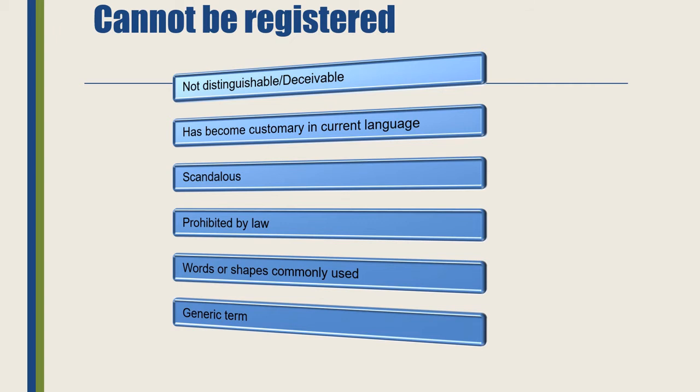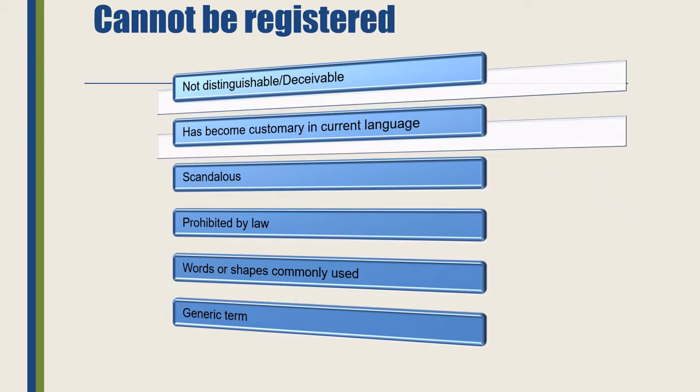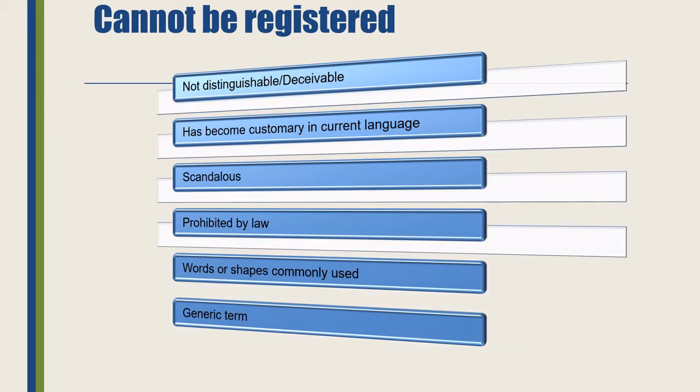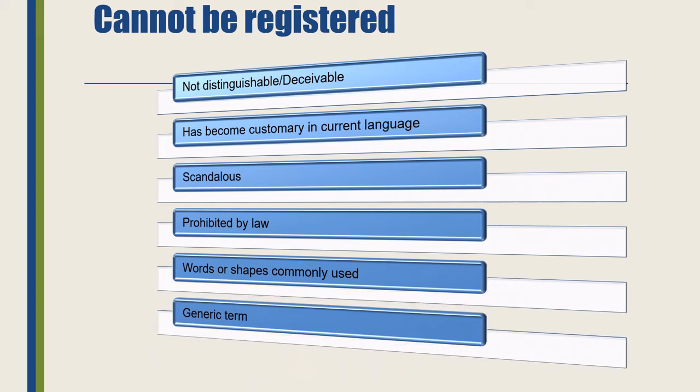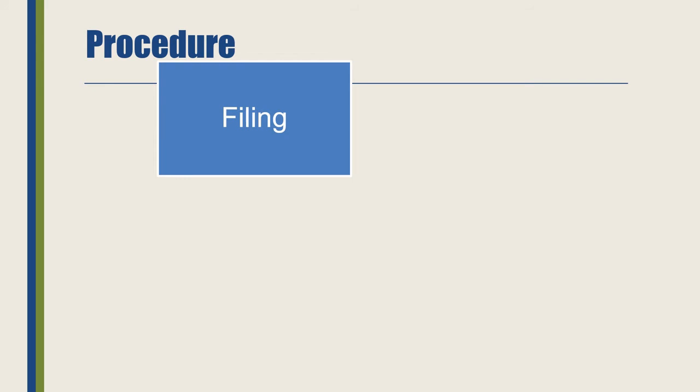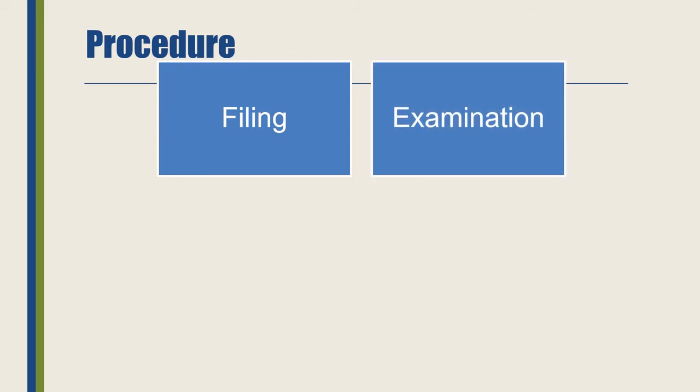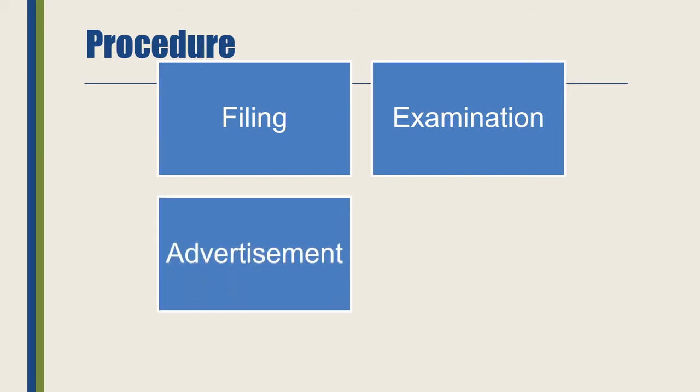Now let's see, if at all you want to register, how to register. There is a procedure for registration. You have to file an application with the Registrar of Trademarks. The Registrar of Trademark will conduct an examination. Yes, the officer has to be convinced that it is not a mark which cannot be registered.